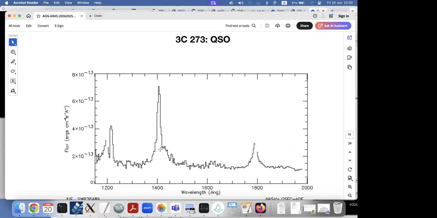And also the nitrogen-5 line is present. The silicon-4 is substantially weaker, and the carbon-4 is, again, very strong and with distinct wings. But in other words, this looks like a Seyfert 1.